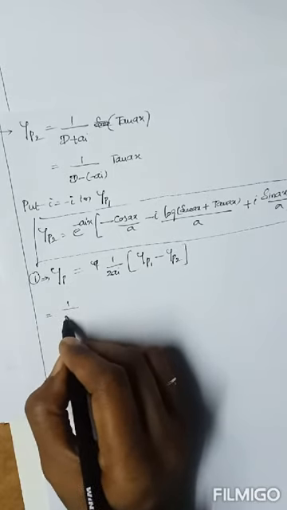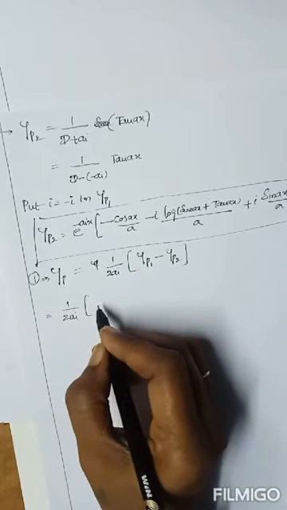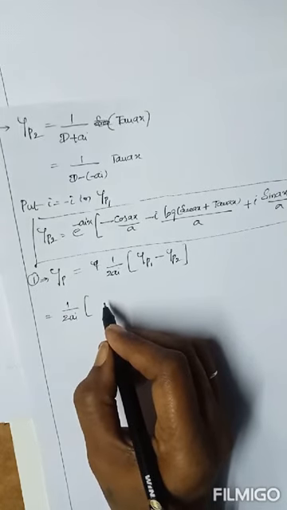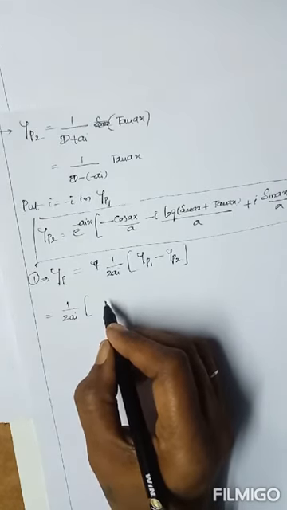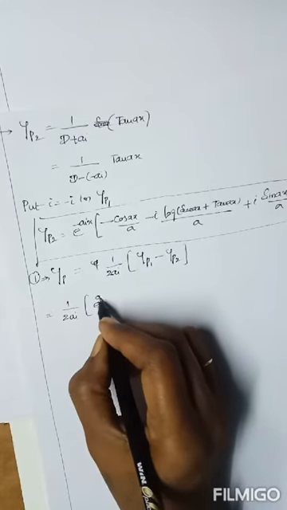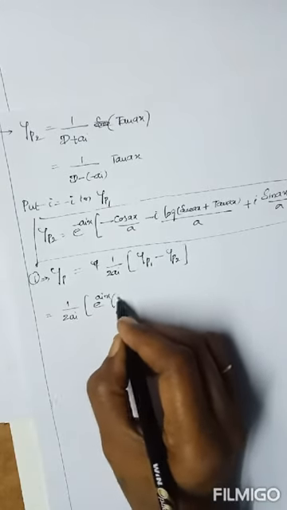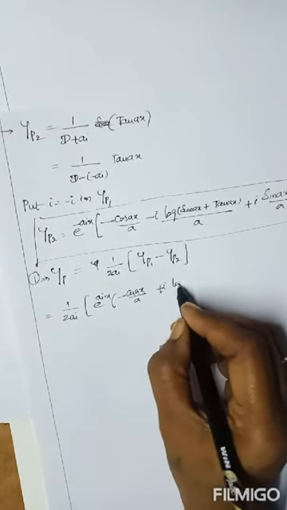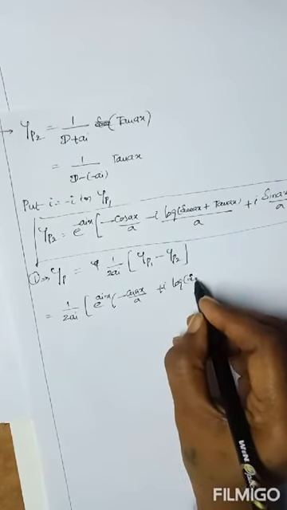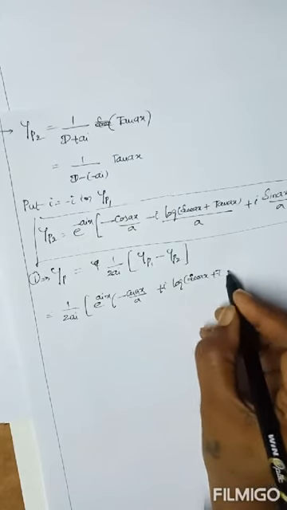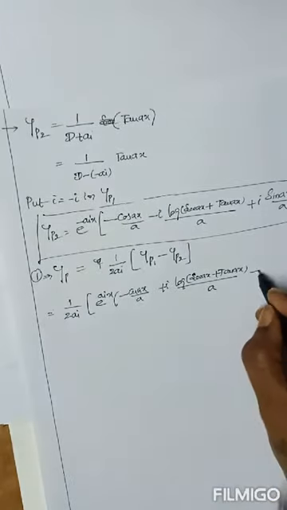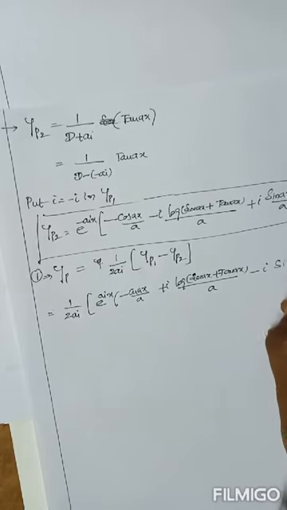Complete, so 1 by 2ai times the above results. Yp1 is e power ax cos ax, e power aix, minus cos ax by a plus i log of secant ax plus tan ax by a minus i sin ax by a.